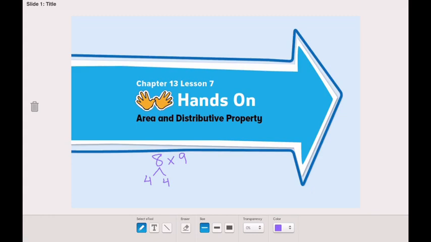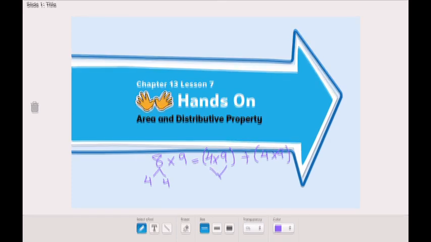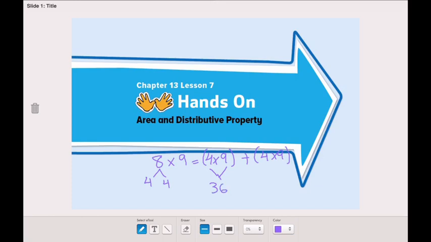Then we will put in brackets, in parentheses, 4 multiplied by 9 plus 4 multiplied by 9. What is 4 by 9? Yes, 36 plus 4 by 9, 36. 36 plus 36 is 72. So this is how we use the distributive property to multiply.